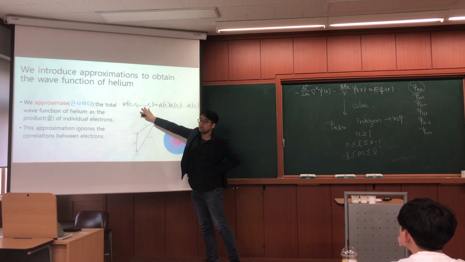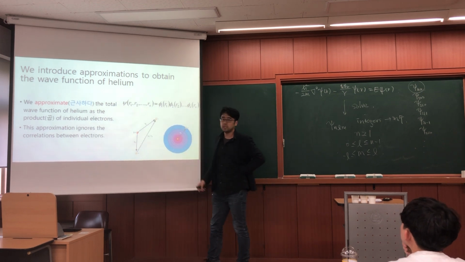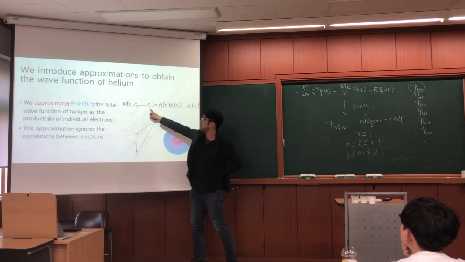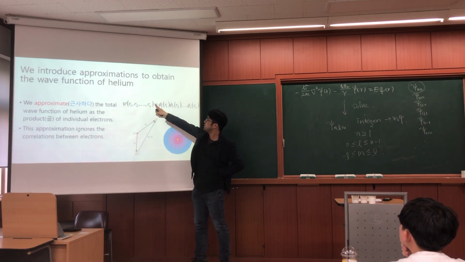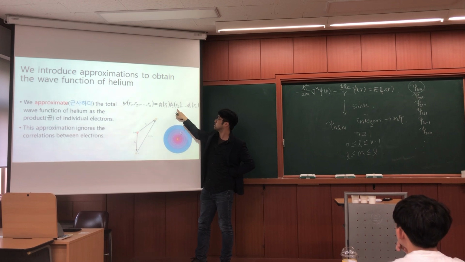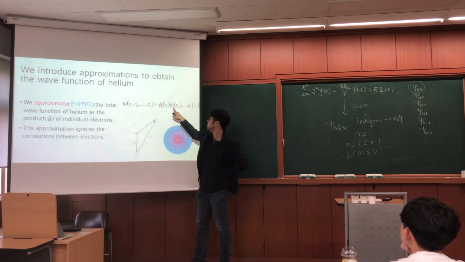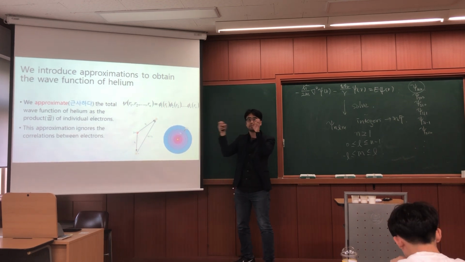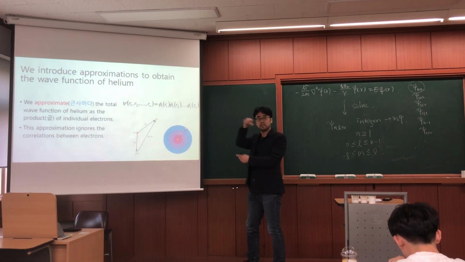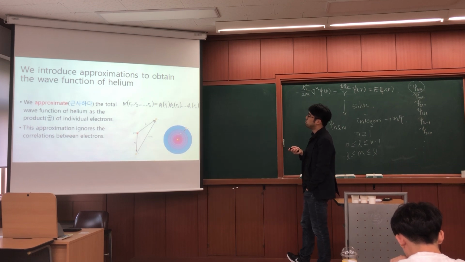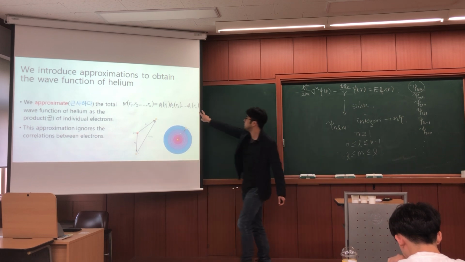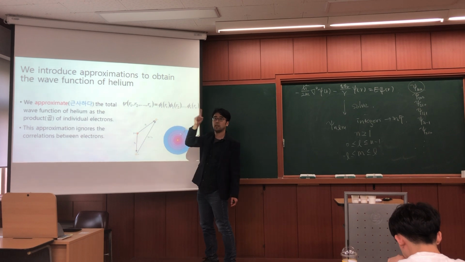But instead of considering this directly, let's assume that this complex function must be similar to a product: phi 1, phi 2, up to phi n, multiplied. This would be very similar to the multiplication of these n equations, and each equation only depends on one electron.